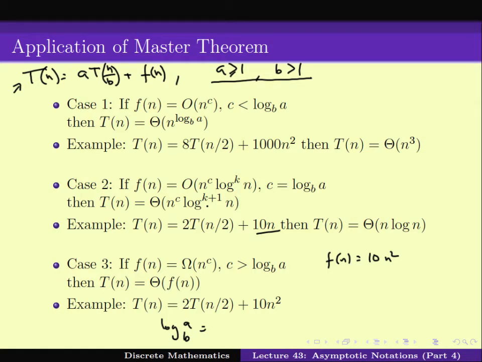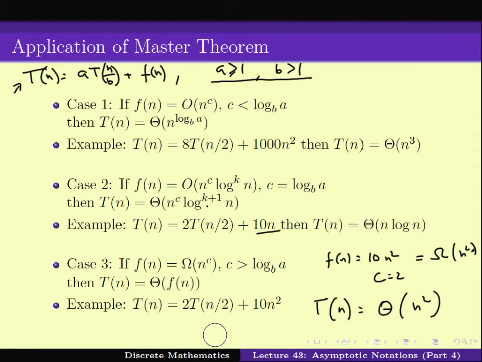Log a base b is log 2 base 2, which is 1, and f(n), which is 10n squared, is clearly bigger, so c equals 2, and 2 is clearly bigger than 1. And therefore, by applying this Master Theorem, I get T(n) equals theta of f(n), which is n squared.